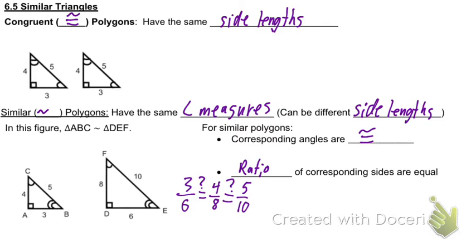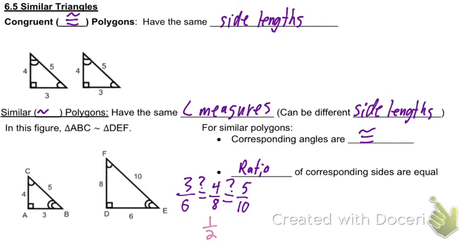All of these should be equal. And what do all of those fractions reduce to? 1/2. So the ratios of corresponding sides are equal. So that triangle is 1/2 the size of that triangle.